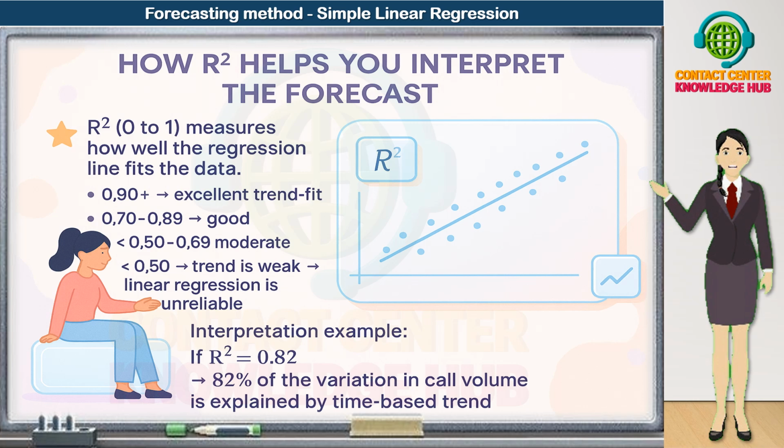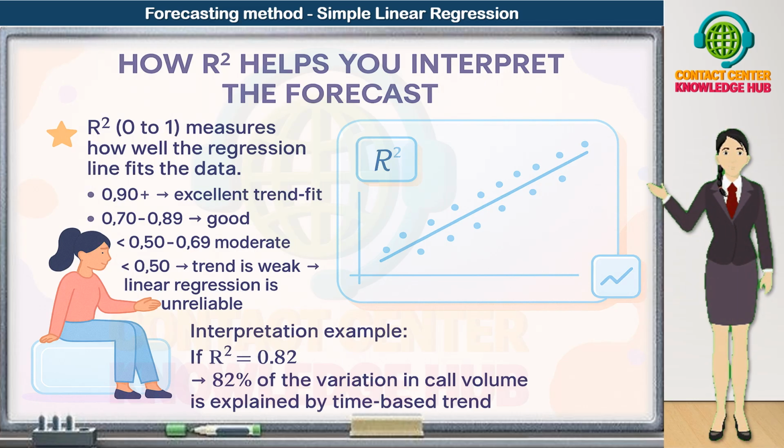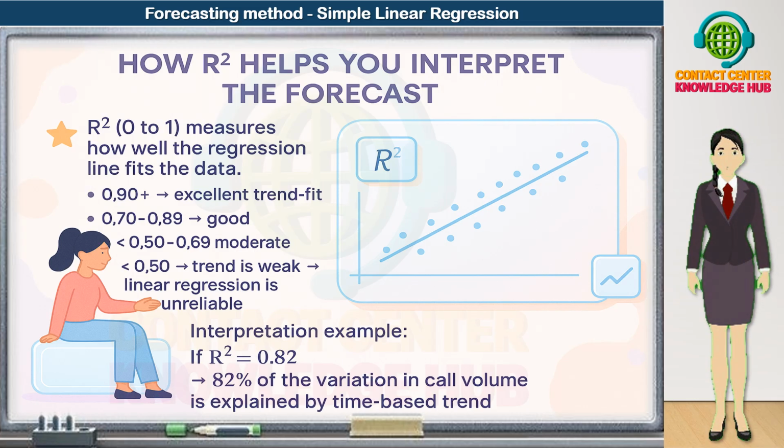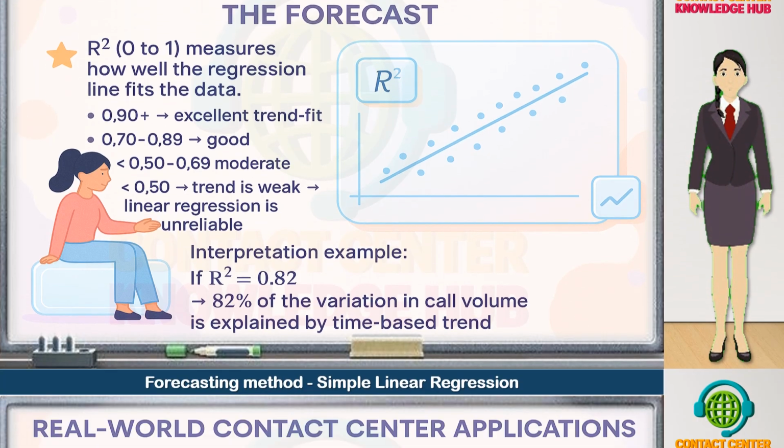And anything below 0.5 means the trend is weak, and linear regression may not be reliable for forecasting. Here's an example. If your R-squared value is 0.82, it means that 82% of the variation in call volume is explained by the time-based trend. In simple terms, a higher R-squared means your forecast is more trustworthy and grounded in real data patterns.